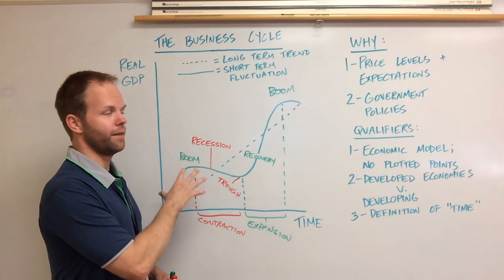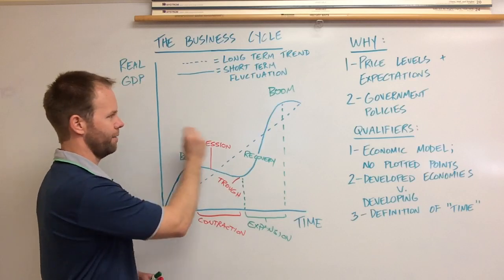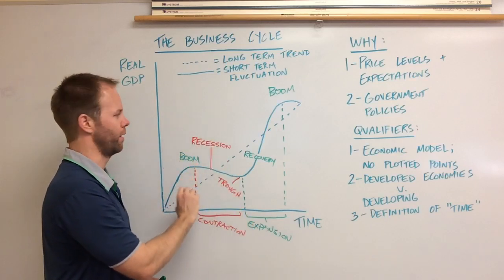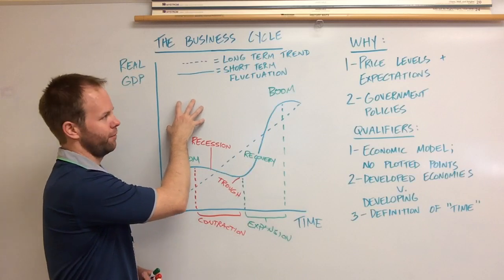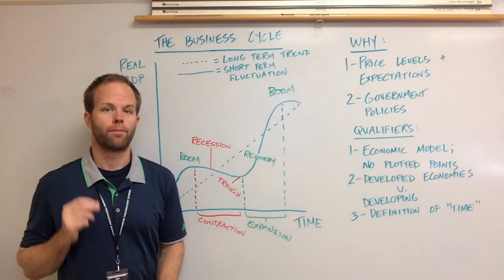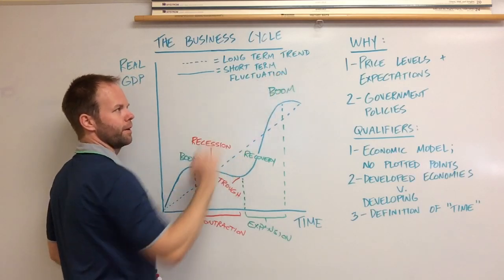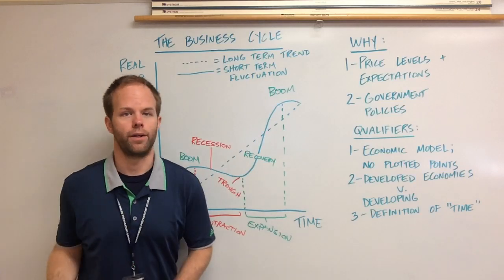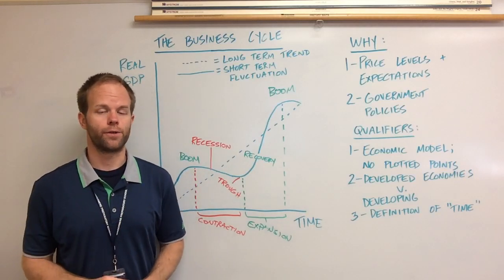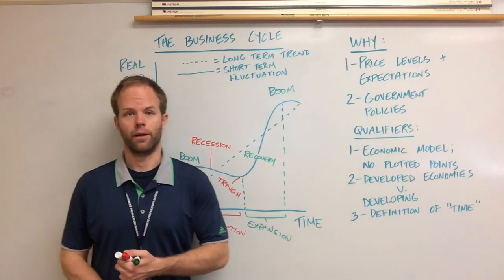So in terms of why this model looks like this, why do we have these short-term fluctuations where we're above the long-term average and then below it? It probably mostly has to do with price levels. Okay? Boom periods are typically associated with really high prices. And that means high prices for just about everything. Real estate, commodities, the stock market.